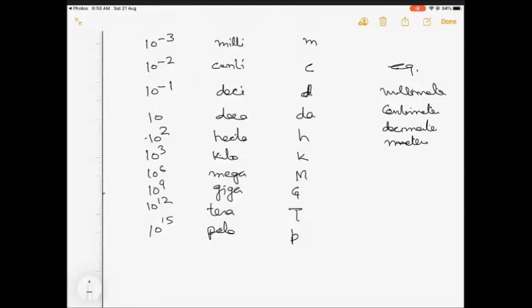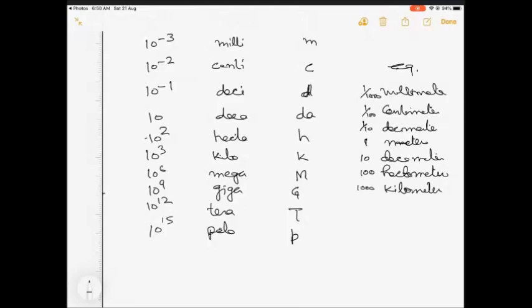then after meter, decameter, hectometer, and then comes kilometer. So this is how the whole system works. Here meter is 1, decimeter is 1 by 10, centimeter is 1 by 100, millimeter is 1 by 1000. And here 1 meter, decameter is 10, hectometer is 100, and kilometer is 1000 meters.